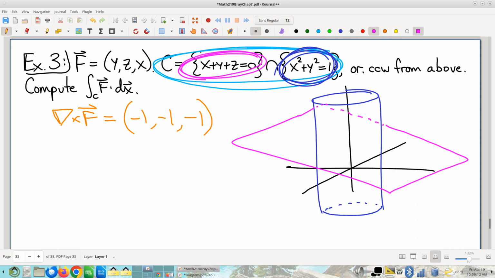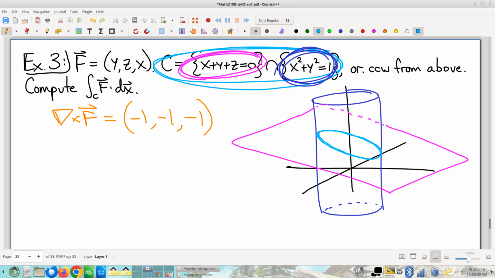But angled planes cutting through cylinders cut out ellipses. There you go. Is that cool? We can worry about the orientations later if we need to. For the moment, I'm just going to observe that it's this curve right here.